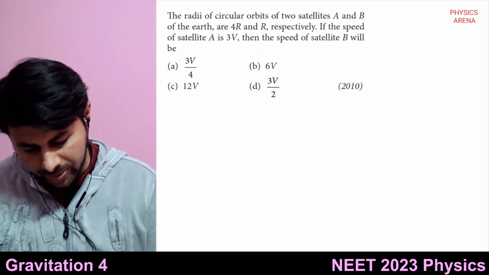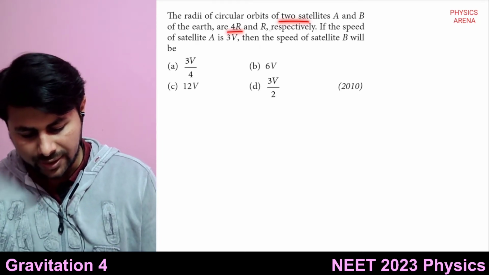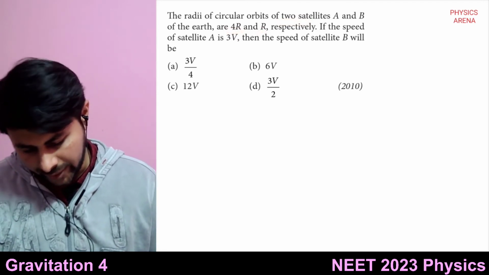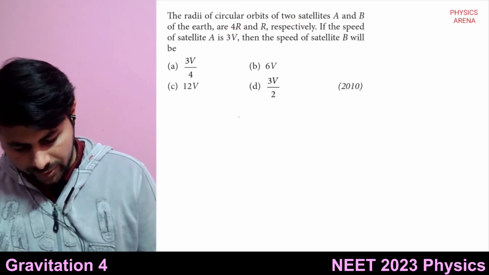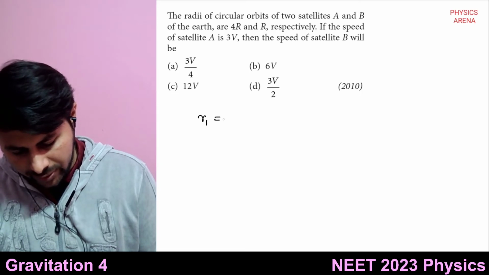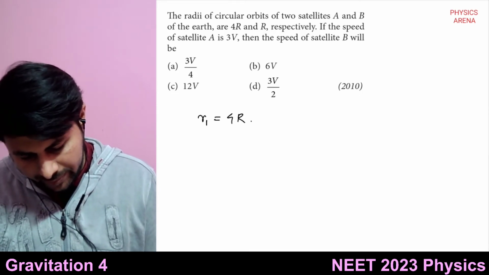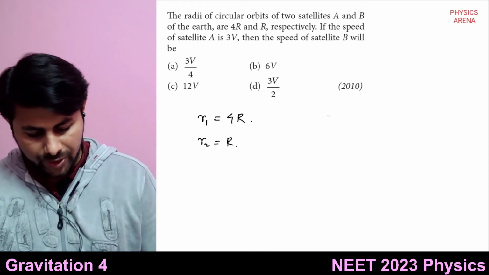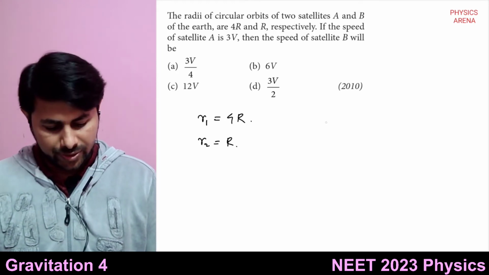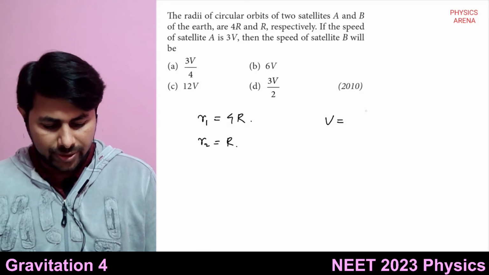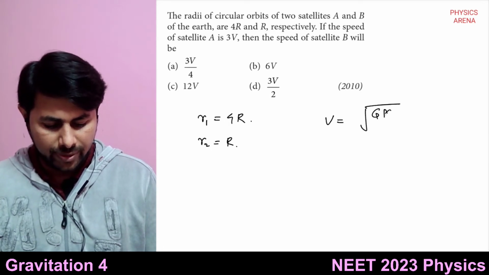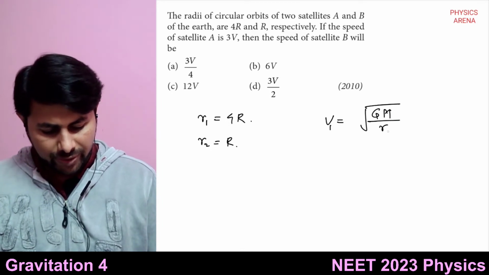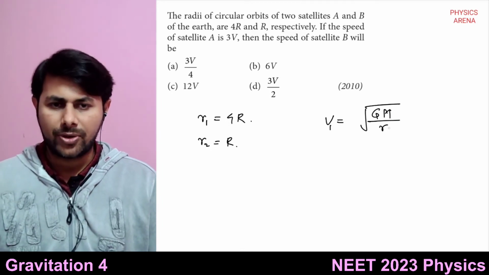Let's say r1 is equal to 4r and r2 is equal to r, and we know the formula for speed. So speed is what? V equals square root of GM over r.